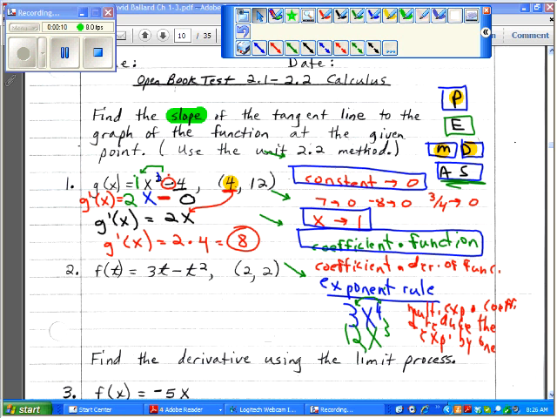Number 2, while all that's still on the board, we'll go ahead and do number 2. We want to find the derivative of a difference. To find the derivative of a sum or difference, the answer is the sum or difference of the derivatives. So f prime of t will be, now the derivative of t is 1.